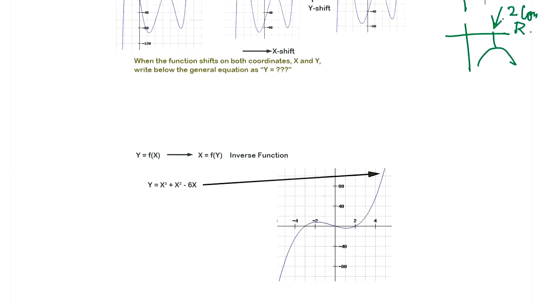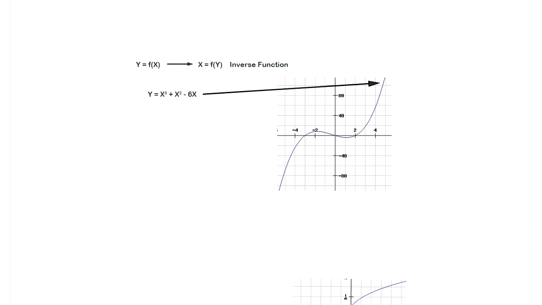We keep going. We're doing very well here. Inverse function. So this x to the third is going to go up and down here. On the way, it may cross 1, 2, 3 roots, right? And inverse function, remember, the function is y equals f of x.